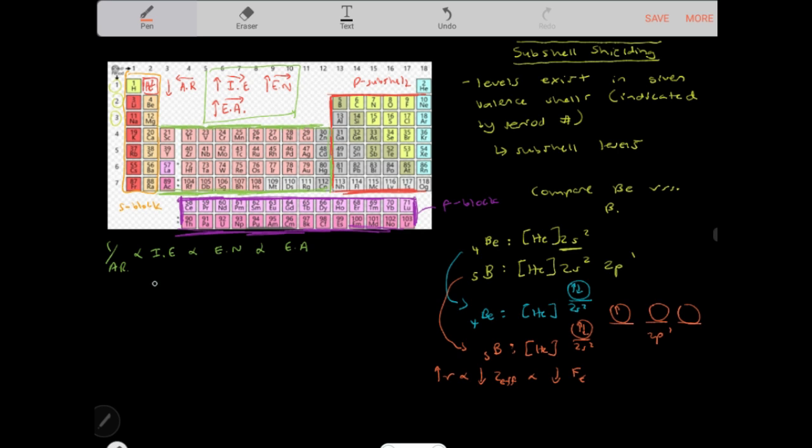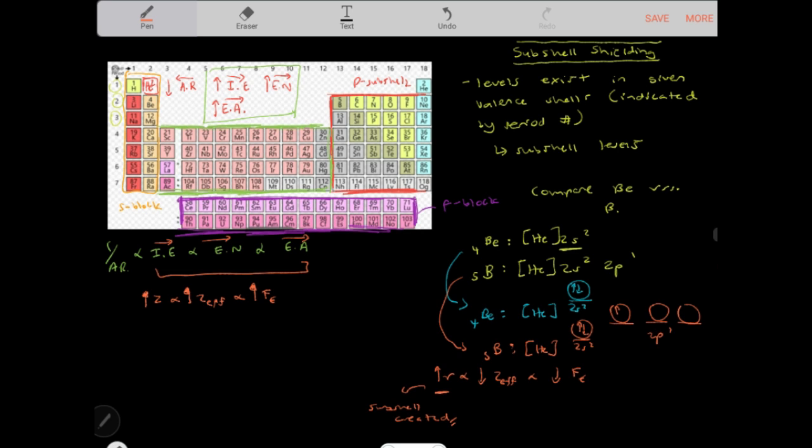In all these 3 cases, as we go to the right of the period, the nuclear charge increases, the effective nuclear charge will tend to increase, and as a result the force of attraction increases, and all of these things will be affected by the force of attraction. Well, now we're saying that as we're going to the right of the period, the separation distance increases because there is a new subshell that gets created.